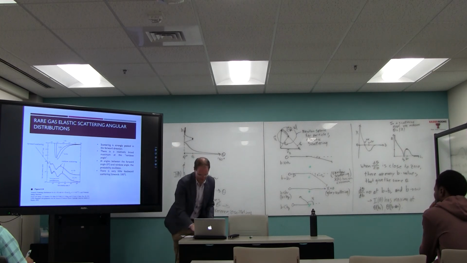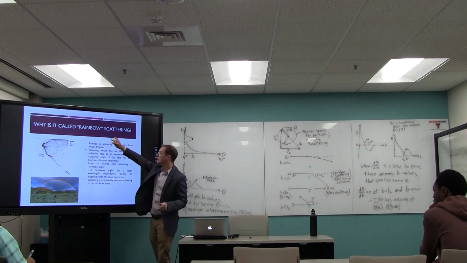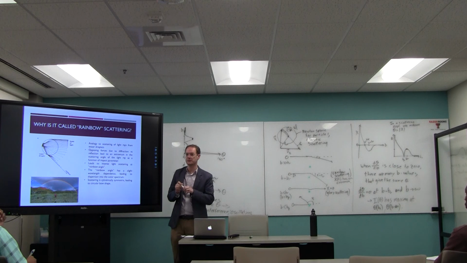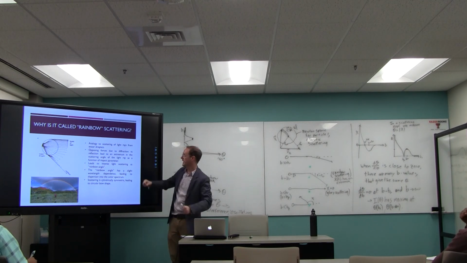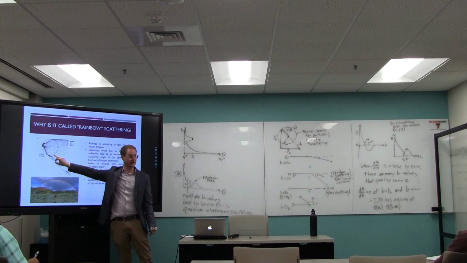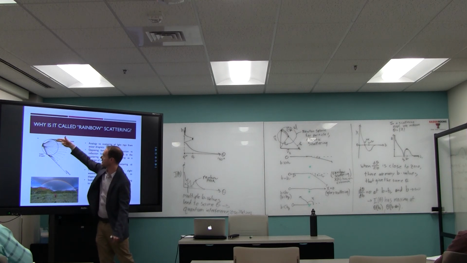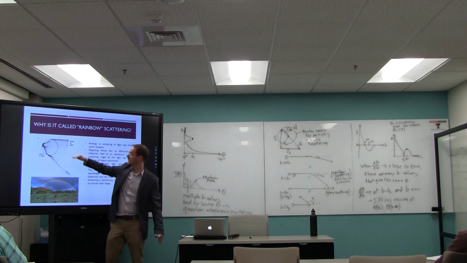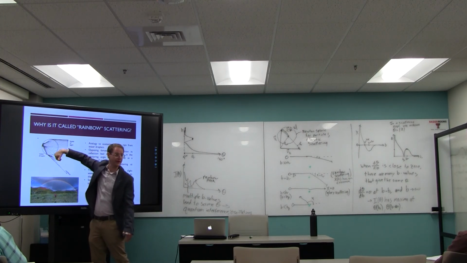All right, so just an interesting fact. Why do we call this rainbow scattering? The reason for the name is because there's an analogy between atomic beam scattering and the scattering of light rays off of water droplets in the sky. If you look at the scattering of light off of a water droplet, there are competing effects of diffraction and reflection angle.